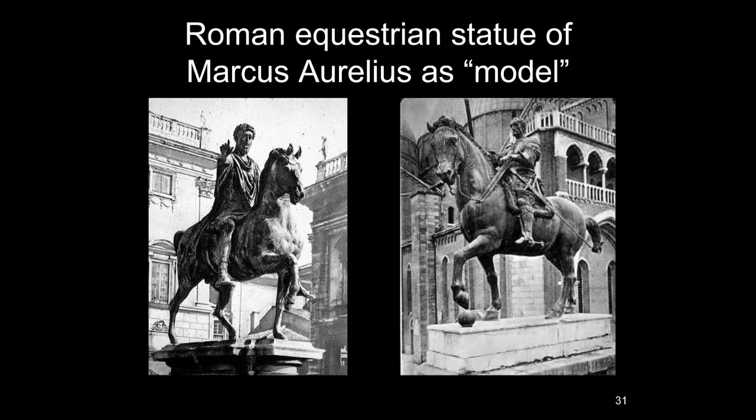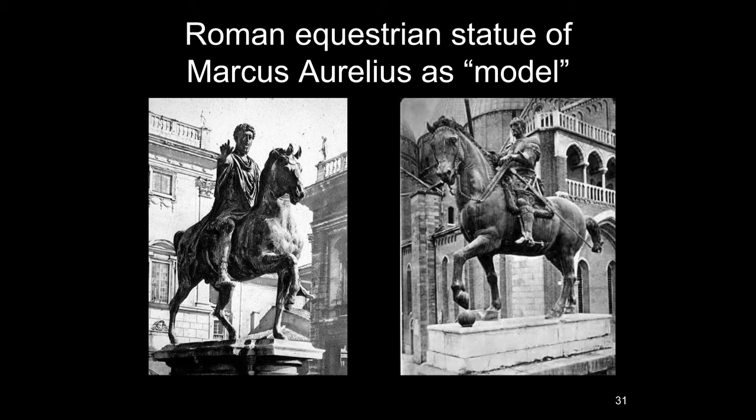In more recent years, it was replaced by a copy and taken to that museum that you see on your right of Marcus Aurelius. And if you're looking for it, it's under the staircase in a glass enclosure that's climate controlled to keep it from deteriorating anymore. But Donatello would have seen it.